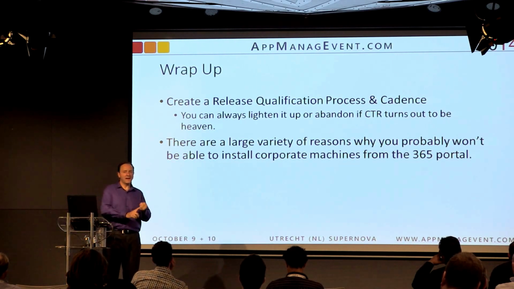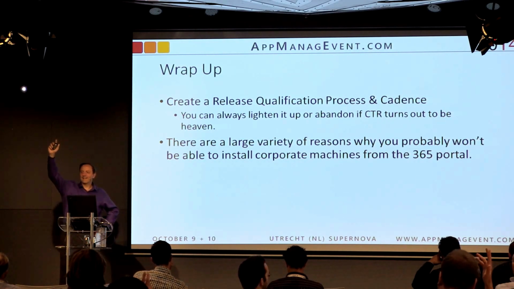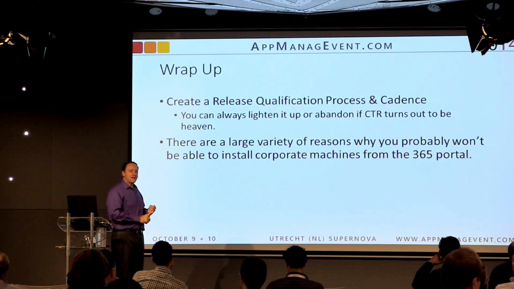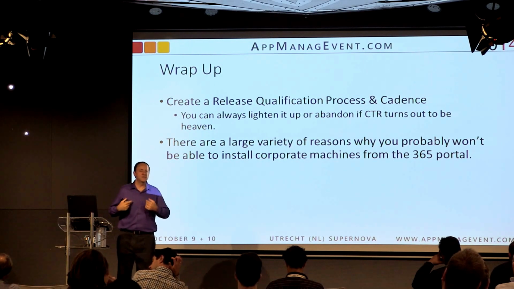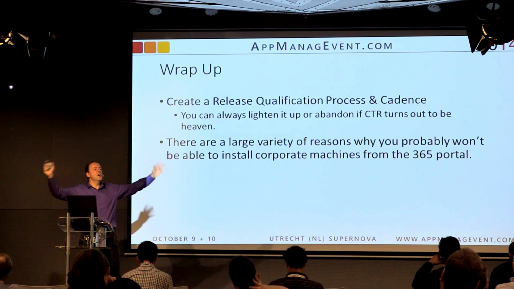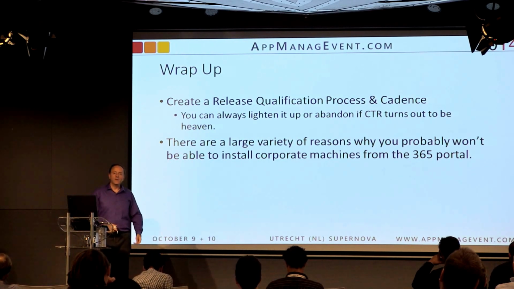Back in Windows 2000, anybody remember the Windows 2000 release? I want to see a show of hands. How many are? All right, lots of gray hair and no hair. Windows 2000 came out, Microsoft locked down System 32. They said, those are our DLLs, we're locking them down, too bad for you. And all of us, and I was a consultant, said, no way, this is nuts. The whole world's gonna go down in a burning fireball. Well, it turns out Microsoft was actually really good about managing their DLLs.